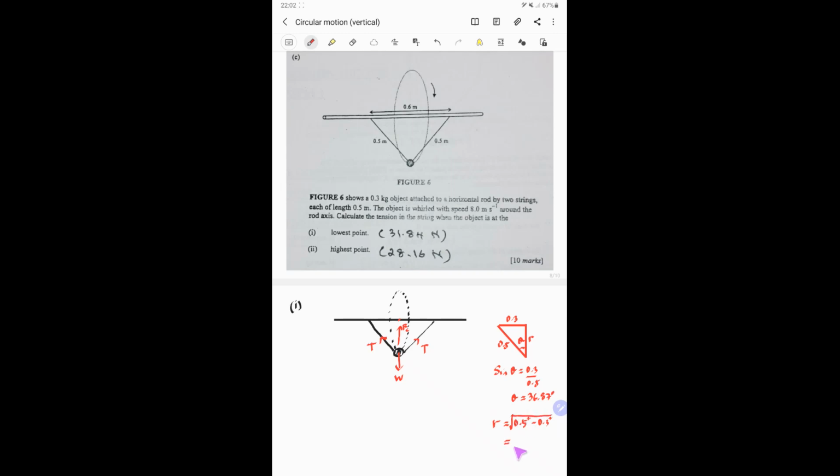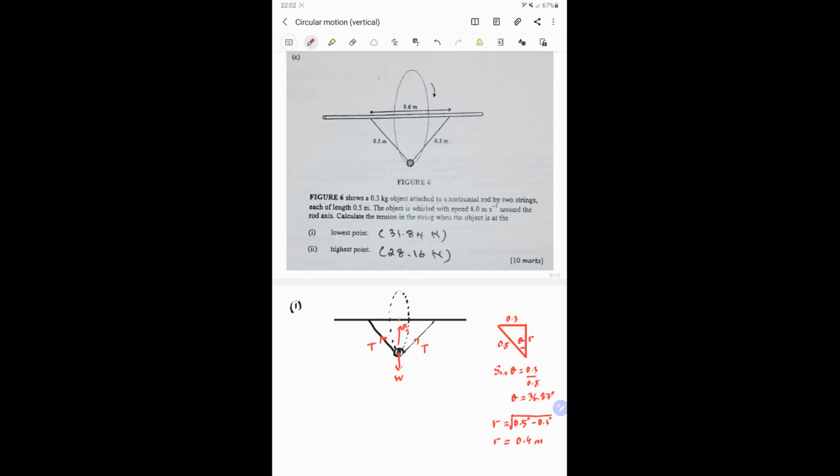You will get R equals 0.4 meter. Using the triangle, remember, R squared plus 0.3 squared equals 0.5 squared. So 0.5 squared minus 0.3 squared equals R squared. Transfer the square to the other side and you will get the square root. So this is how to calculate R.